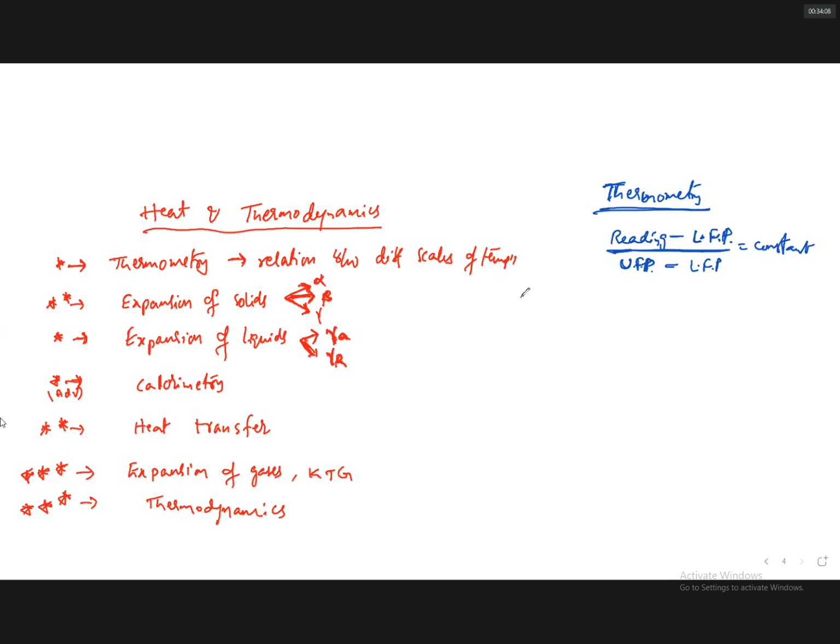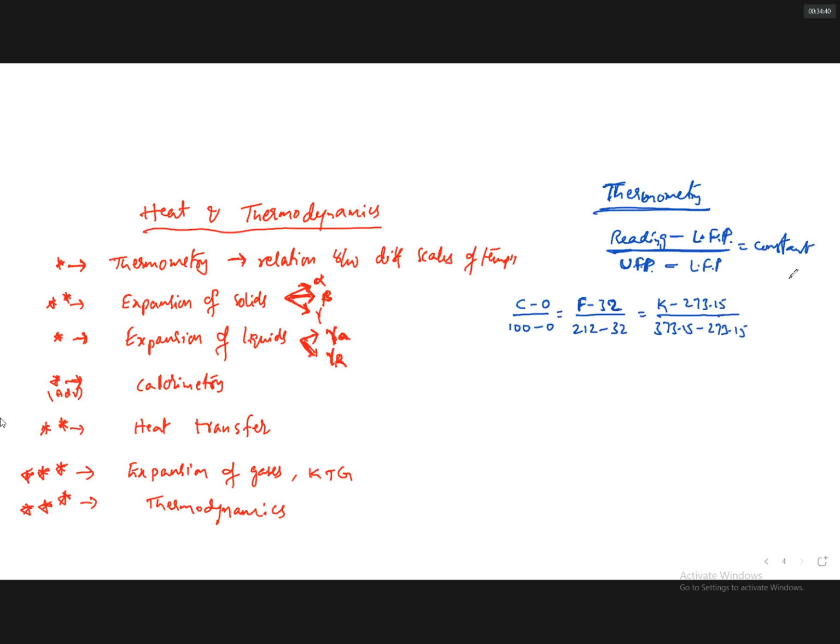Then in the Celsius, Fahrenheit and Kelvin scales, we write C minus lower fixed point. In Celsius the lower fixed point is 0 and the upper fixed point is 100. In Fahrenheit the lower fixed point is 32 degrees and the upper fixed point is 212 degrees. In Kelvin, K minus 273.15 divided by 373.15 minus 273.15.